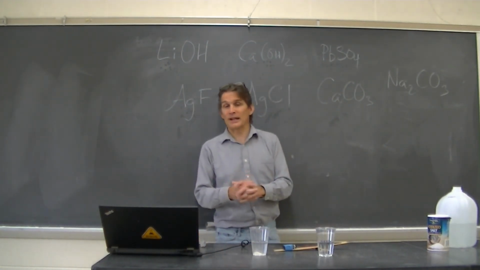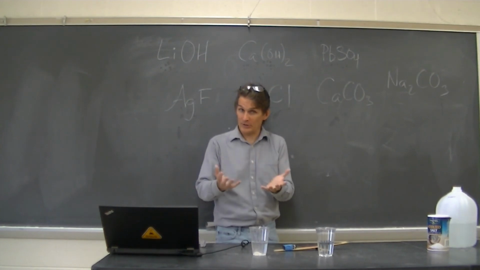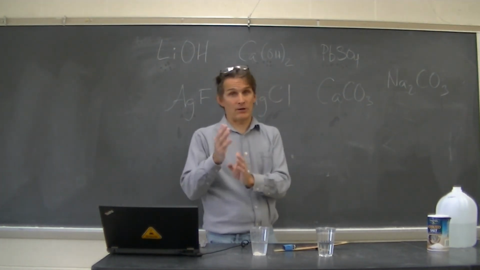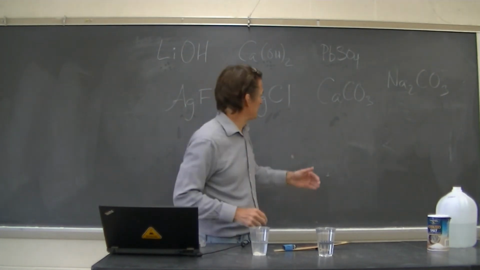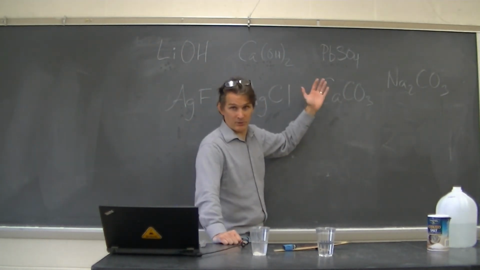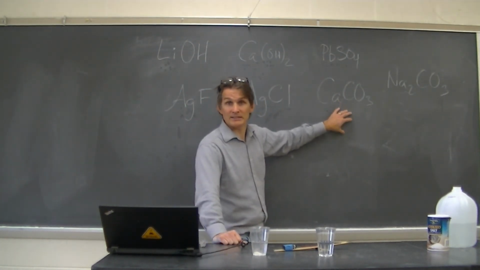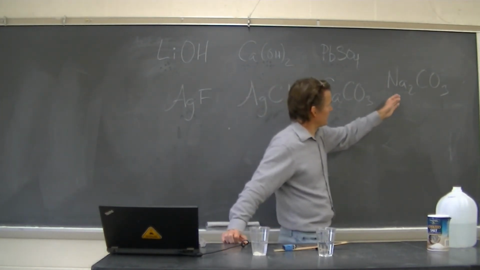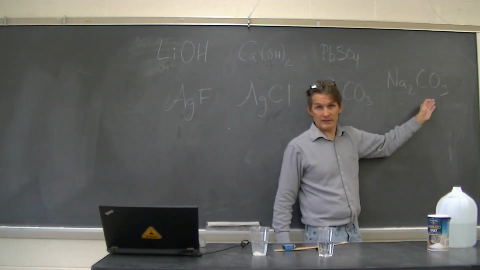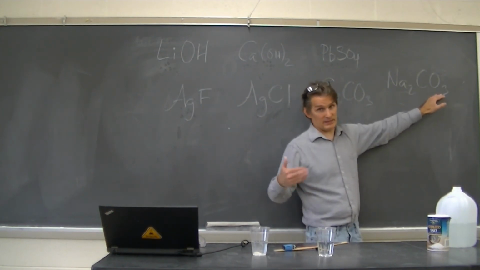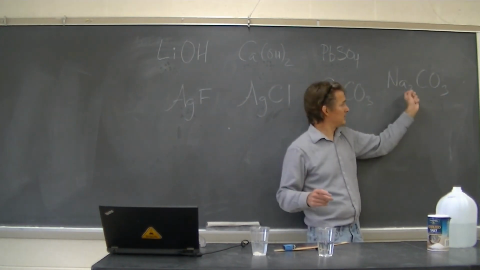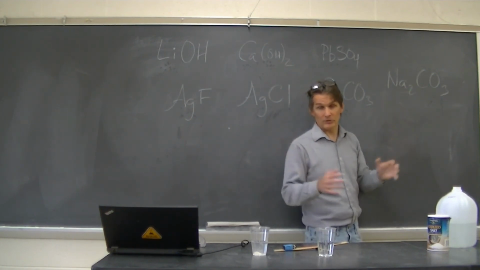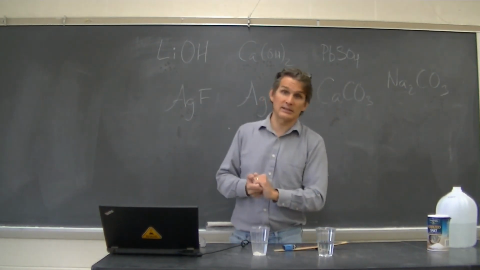Carbonates are one of these anions that tend to not dissolve in water, and the only exceptions would be the alkali metals or ammonium, and we see calcium paired with it, so this is going to be an insoluble salt, which is a good thing for seashells. And then finally, we see sodium carbonate. Of course, carbonates tend to be insoluble, but it's paired with an alkali metal cation, and those are always soluble, so sodium carbonate is a soluble salt.